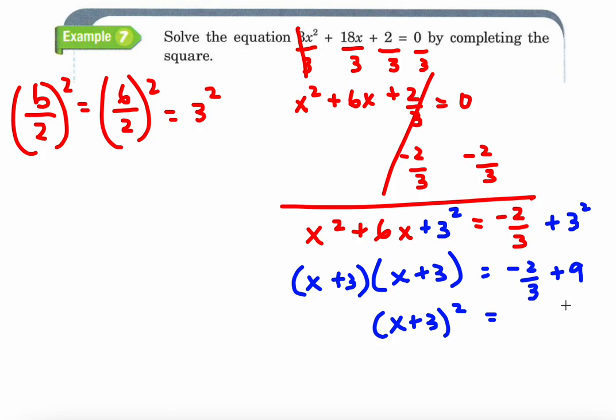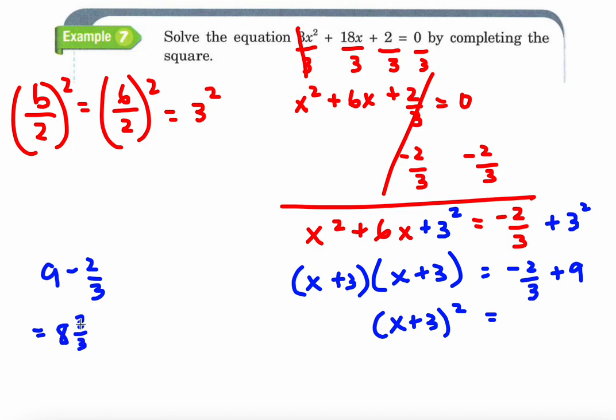9 minus 2/3 is the same as, let's see, 9 is the same as 27 thirds. Actually, let's change it to 8. 9 can be changed to 8 and 3/3, right?